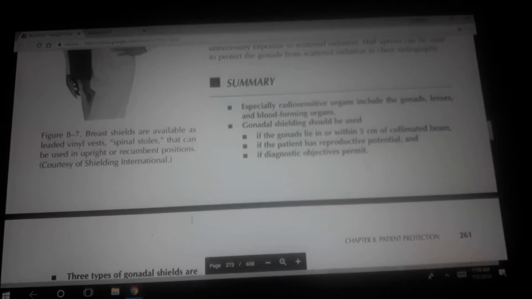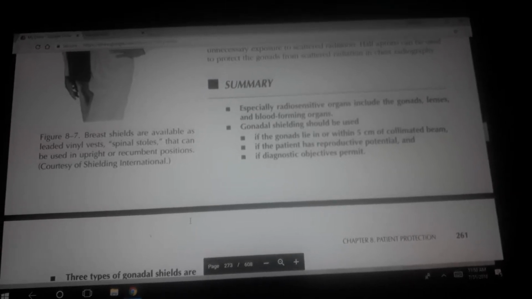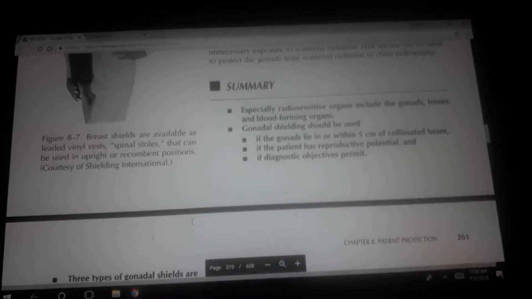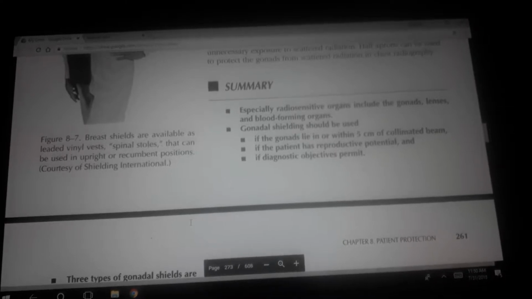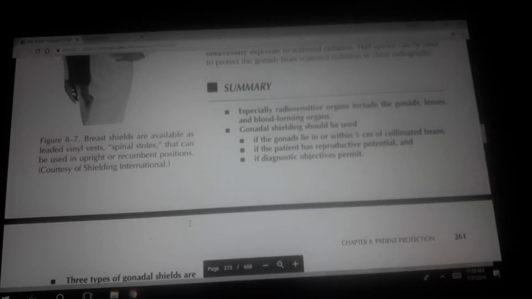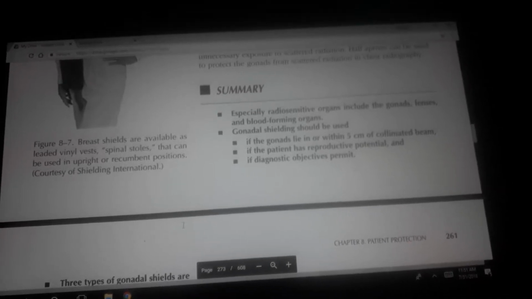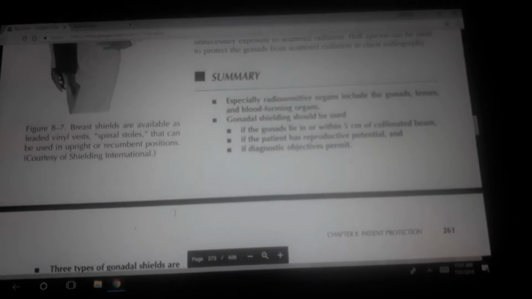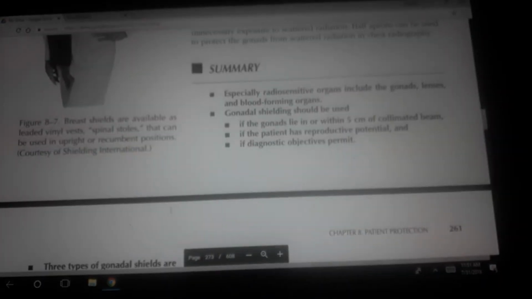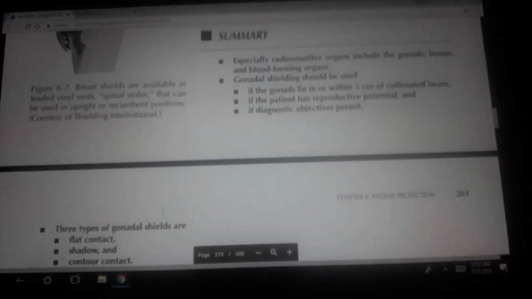The summary: especially the reproductive organs, include the gonads, lens, and blood forming organs. Gonad shielding should be used.